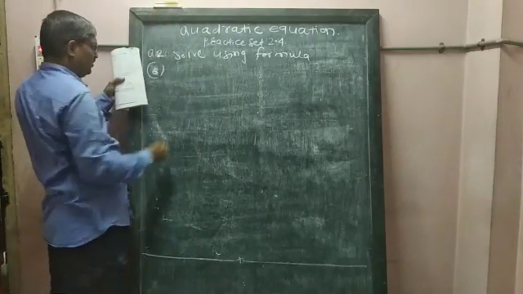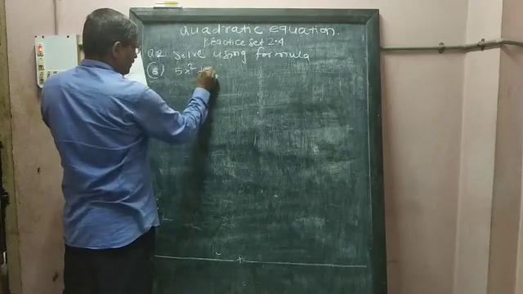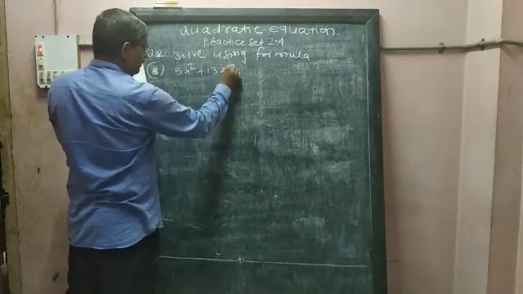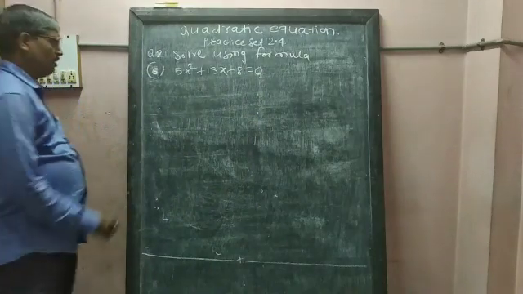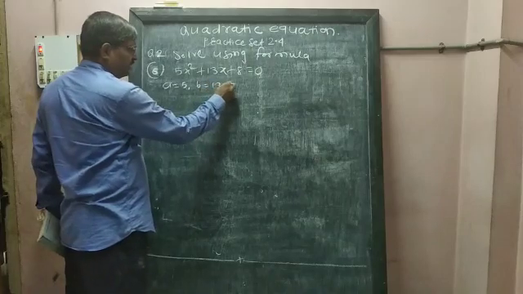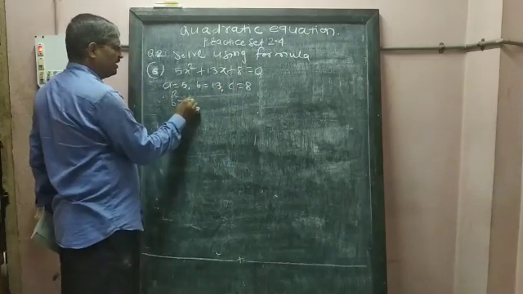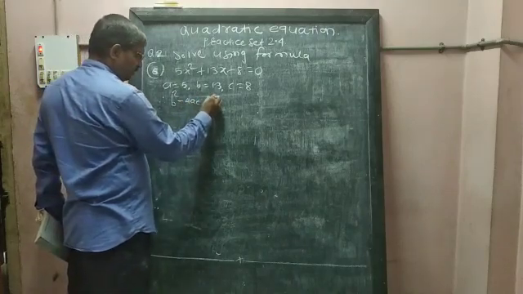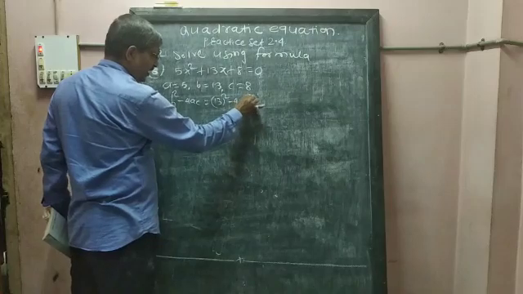Therefore, question number 6: 5x square plus 13x plus 8 is equal to 0. Now a is equal to 5, b is equal to 13 and c is equal to 8. Therefore find b square minus 4ac, which is b square means 13 square minus 4 into 5 into 8.